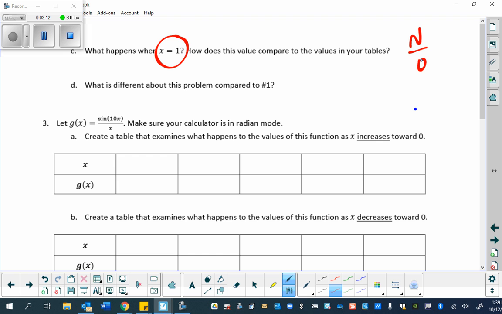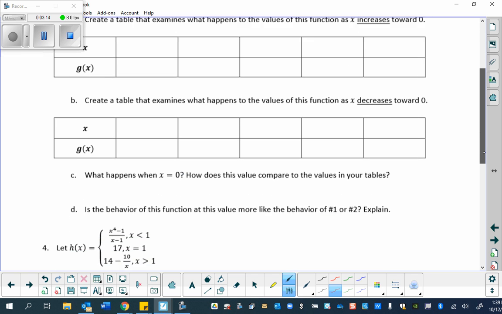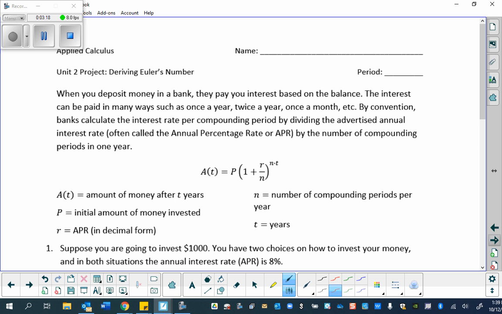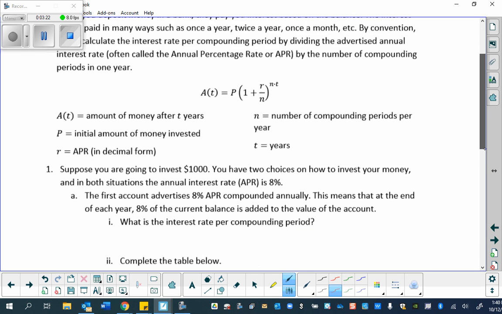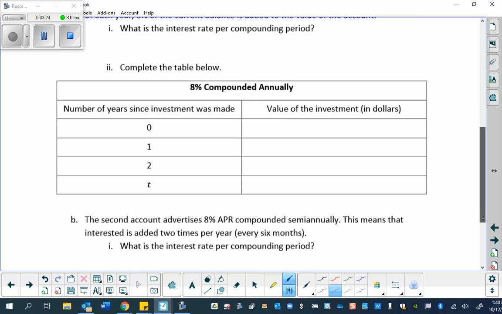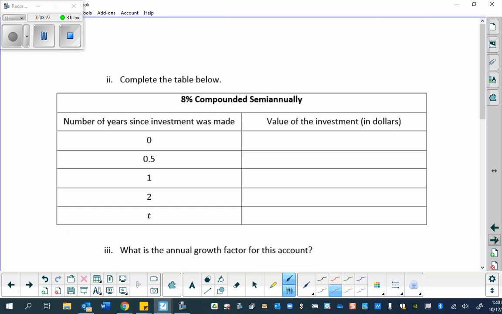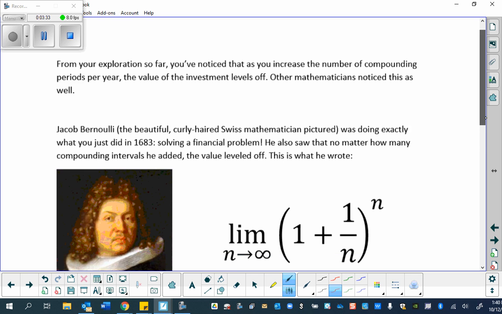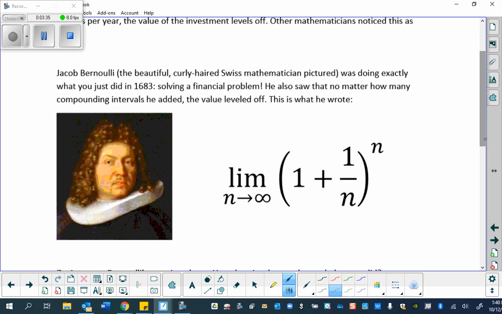So that first homework had us exploring limits before you even realized it using tables. Well, we spent time talking about Euler's number. We spent time looking at the way that we can earn money, looking at interest. We compared the tables, and then we looked at Jacob Bernoulli's constant as n approaches infinity.